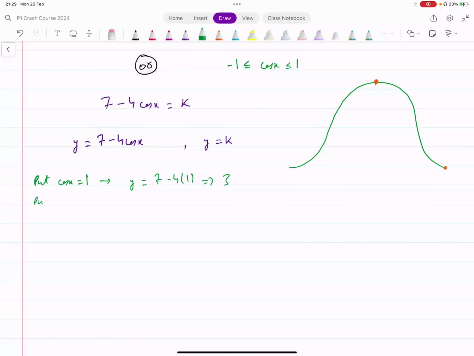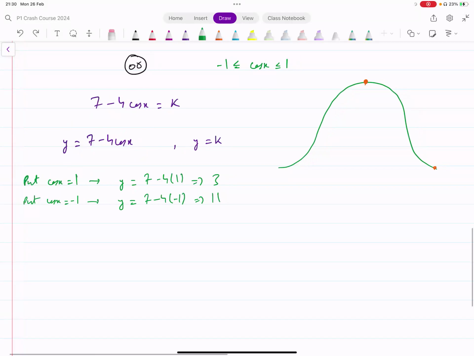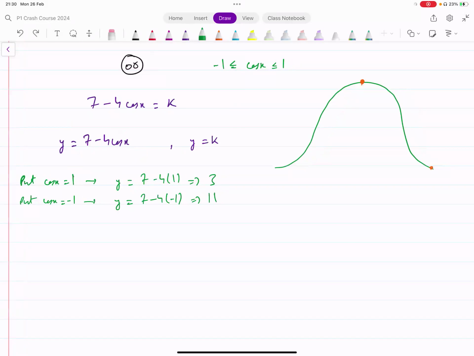What's the value when cos x equals -1? That gives you 7 minus 4 into -1, that gives you 11. So 3 is the minimum point and 11 is the maximum point.